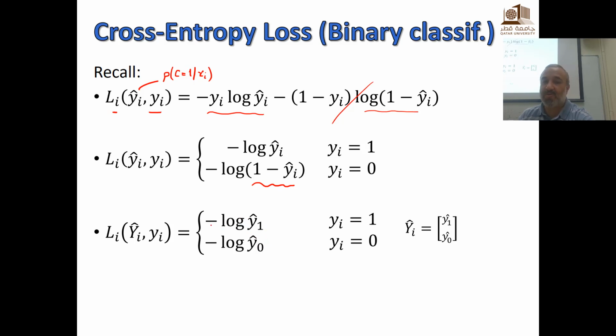We can say it's always minus log the predicted value for the true class. So it's minus log y1 hat if the true class is 1, and minus log y0 hat if the true class is 0. Here, instead of using just one value, y hat i, we use y1 hat, which is the probability for class 1, and y0 hat, which is the probability for class 0. So all of these loss functions are the same. We are just representing them in a different way.